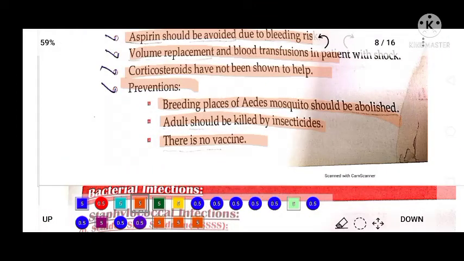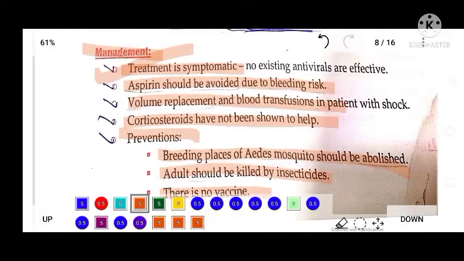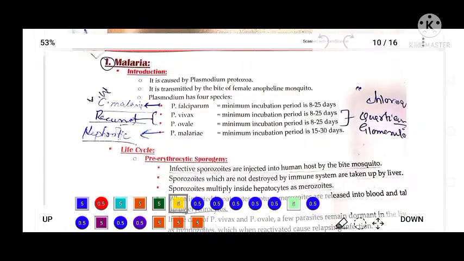So we can treat the patient with supportive treatment, like platelets and antipyretics, but one thing must be kept in mind: aspirin is avoided in dengue in order to prevent the risk of bleeding.